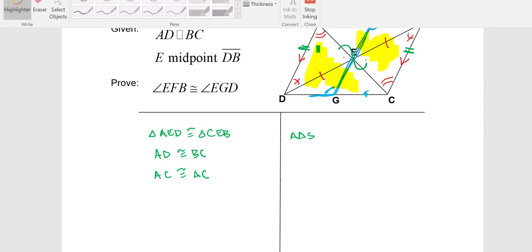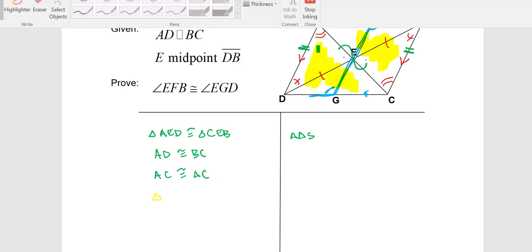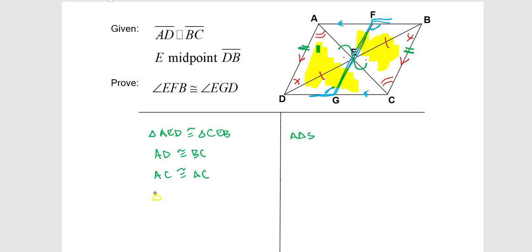And so I have triangle ACD congruent to triangle CAB. Okay, and that would be by side angle side. Side angle side. This is going to be a CTC.